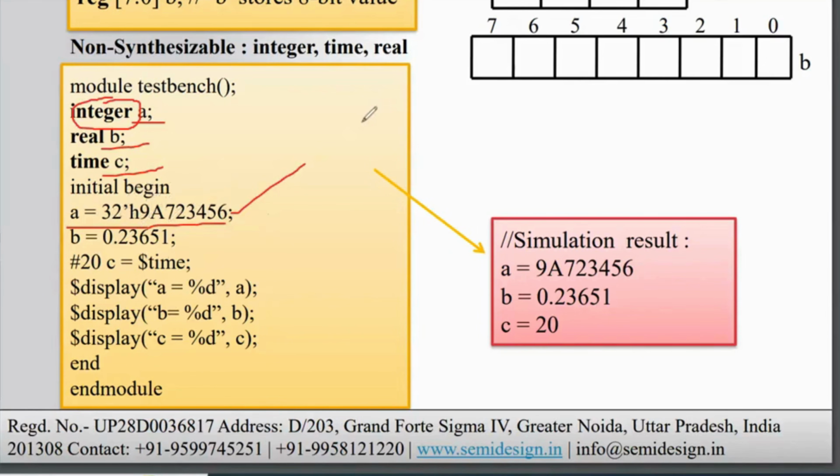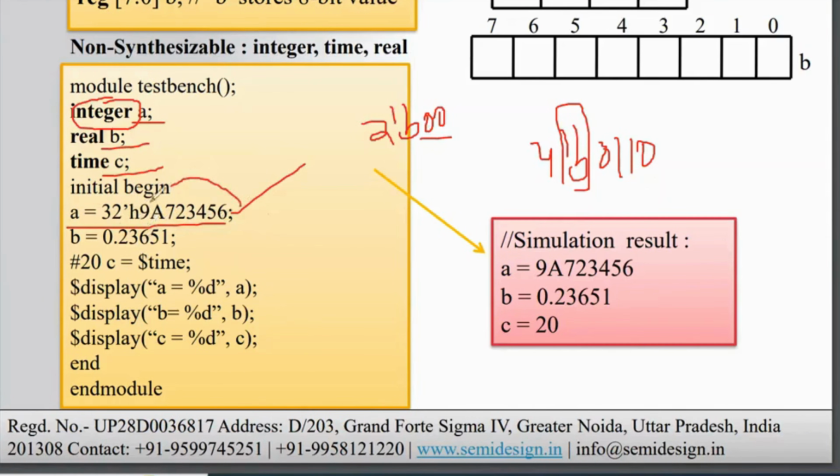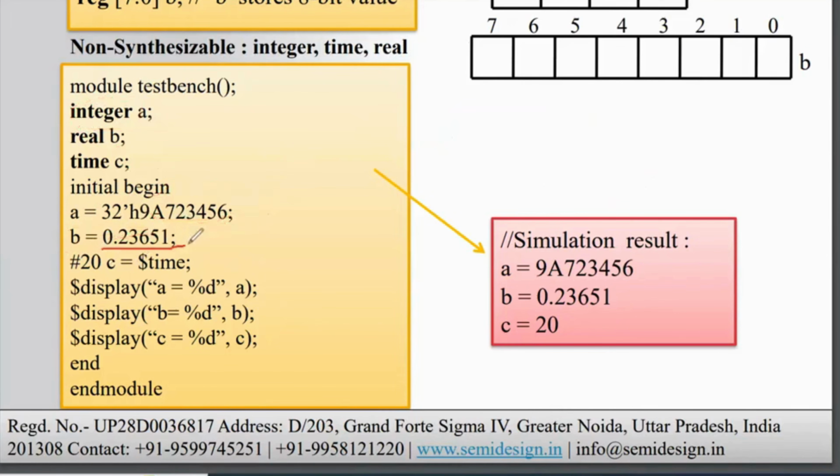If you want to define a 2-bit binary, it is 2'b00. For a 4-bit binary, 4'b0110. For decimal, in place of b you need to put d. Here we have taken a 32-bit hexadecimal, so 32'h and some value we assign, and B equal to some decimal value assigned, and #20, whatever the delay is, will be assigned to $time.